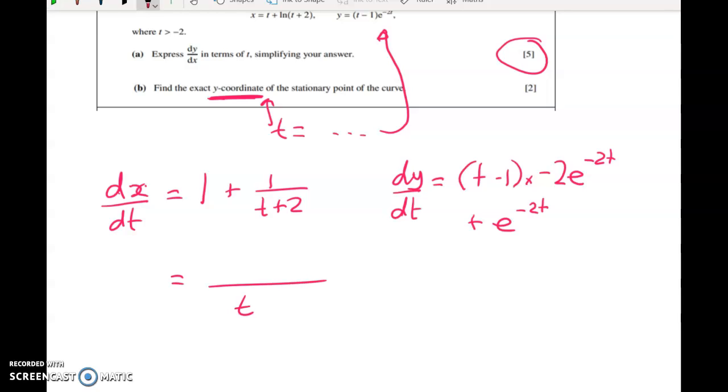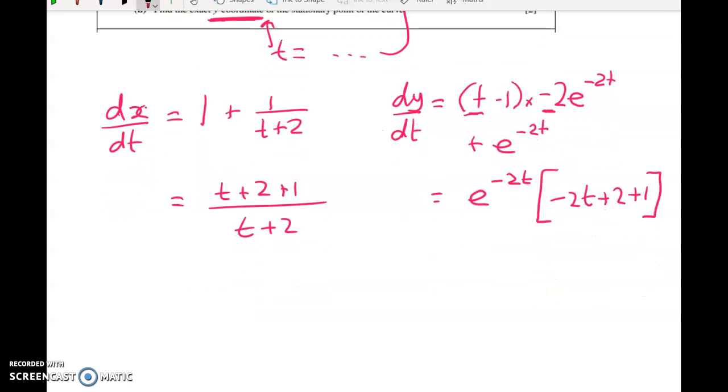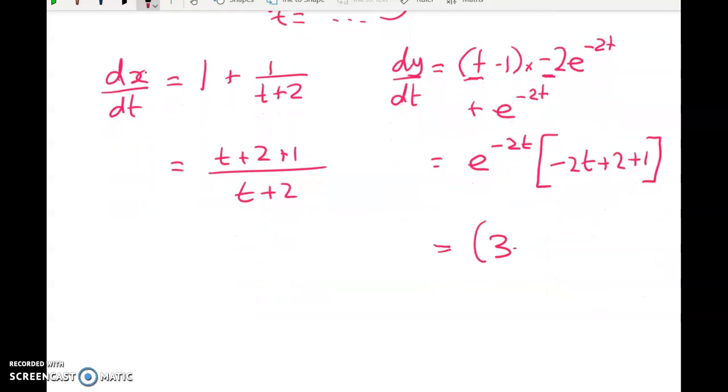So here we're going to have (t plus 2 plus 1) over (t plus 2). And here we're going to take out a common factor of e to the negative 2t and expand this. So we've got negative 2t plus 2 plus 1, which gives me (3 minus 2t) times e to the negative 2t.